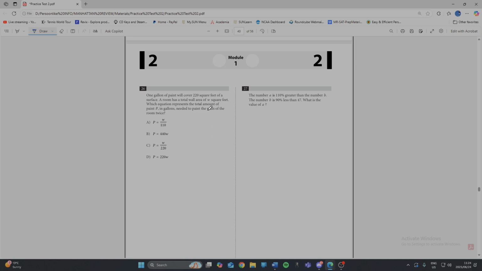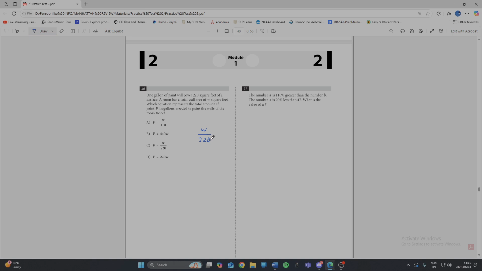Right, so say if it's like 440, then it would be 2 gallons to paint it once, right? So it would be W over 220 to paint the room once. Because if the total wall area was 220 square feet, then it would take exactly 1 gallon. So 220 over 220 would be just 1.